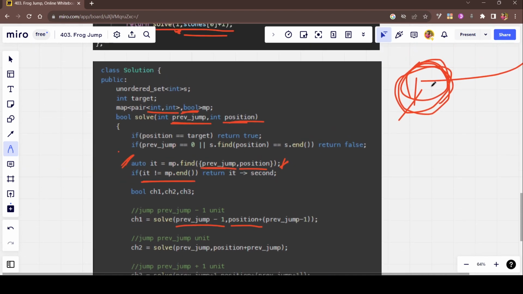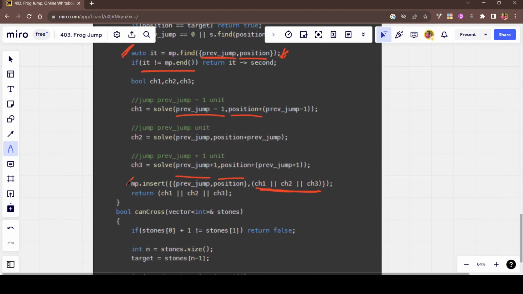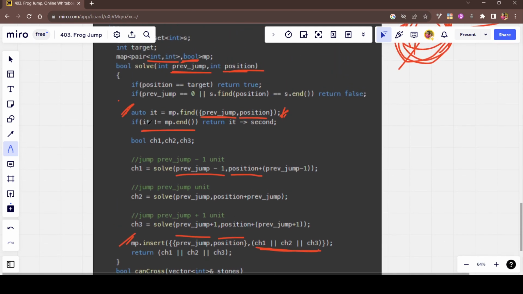That means you previously solved that problem, which is why you stored it in that step. So just return the stored answer, which is it of second, this boolean value.